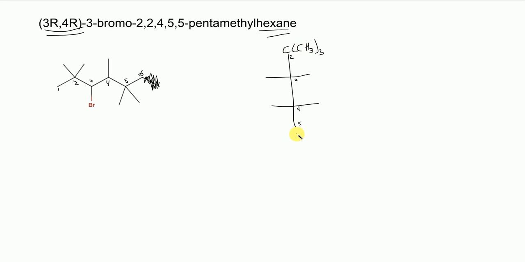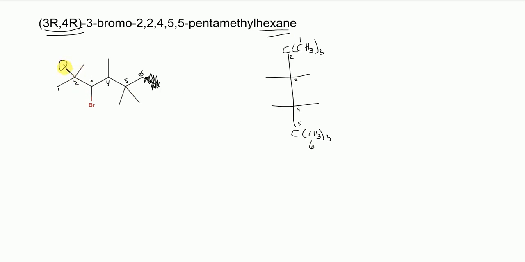And then carbon 5 is a carbon bonded to CH3, 3 as well. This is going to be our basic chain. One of these carbons is carbon 1, and one is carbon 6. So I have all 6, and now all I have to do is fill in the remaining places.